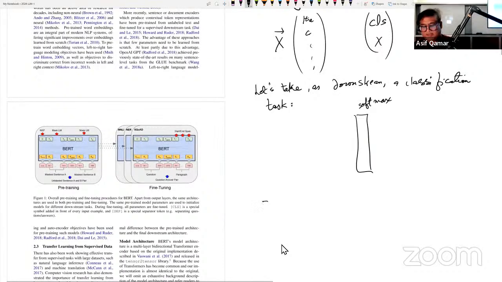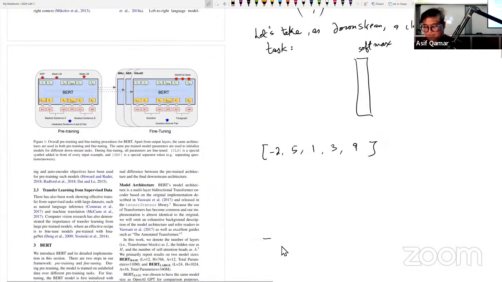Softmax takes an array of numbers, let's say -2, 5, 1, 3, 9. Just as a recap, what the softmax will do is it will convert this into a histogram such that all the bars will add up to 1. So it will become this and this, maybe this. This will be tiny. This will be a little bit more.